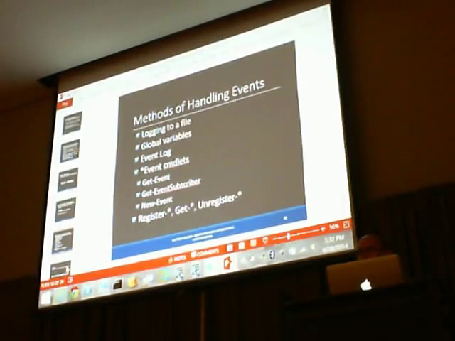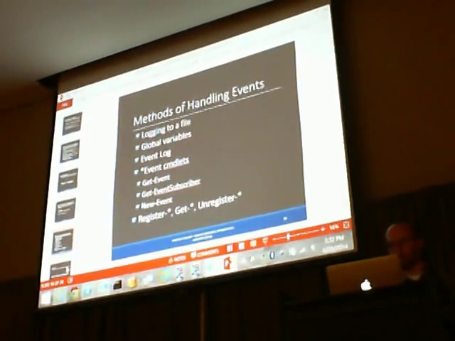Say we're doing some sort of security auditing, we can have events that add content to the event log. We can use the event cmdlets themselves to pull out data. And one of the things I like to do, if I'm packaging functionality in a module that uses eventing, is to have a register cmdlet, a get cmdlet to pull out the information from that event, and then an unregister cmdlet.